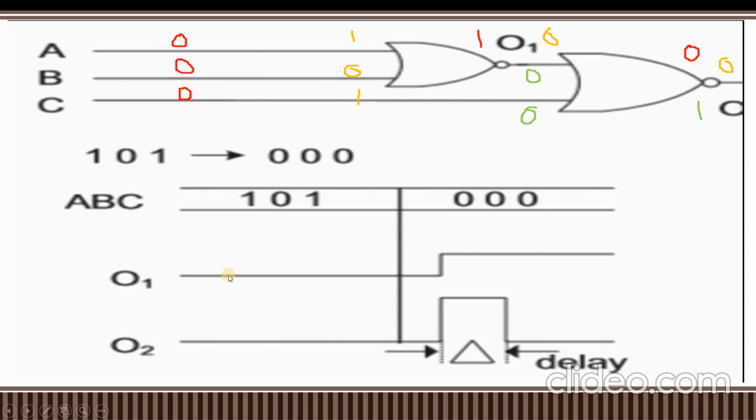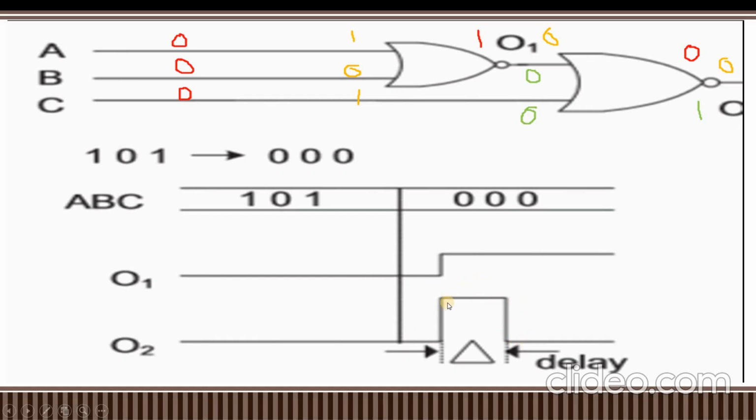You can observe this diagram. The O1 output initially changes from 0 to 1. So there is a glitch due to this finite delay, and it can cause glitching power dissipation in the circuit. See here it is 0 to 1 and again 1 to 0.